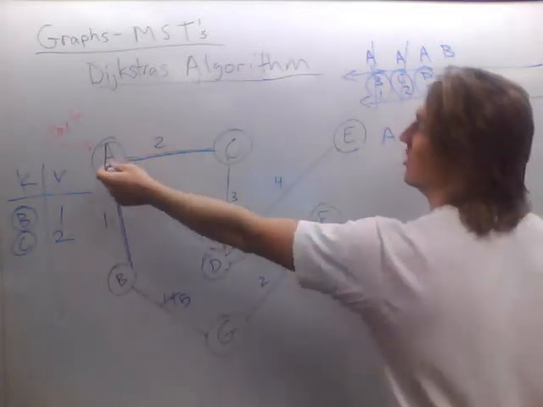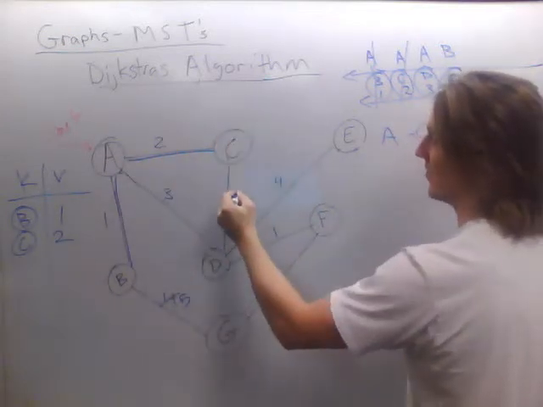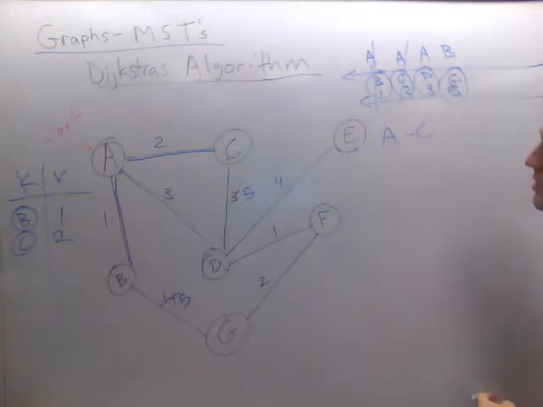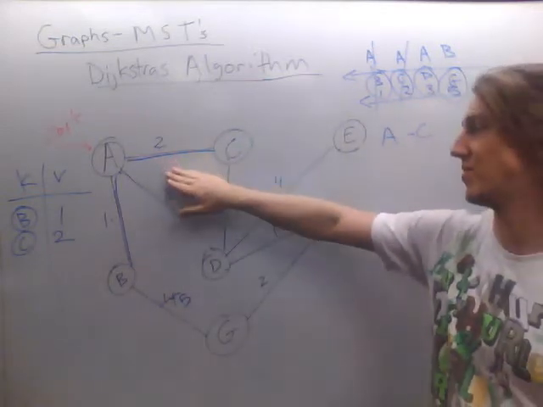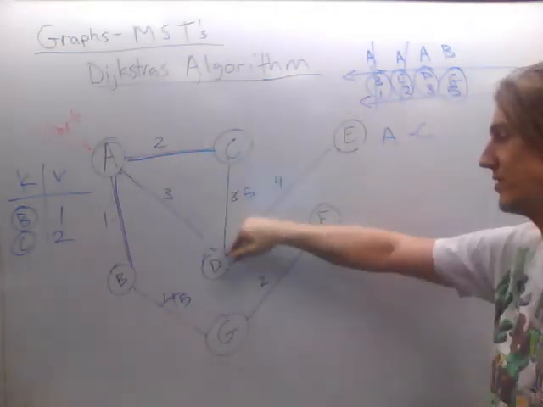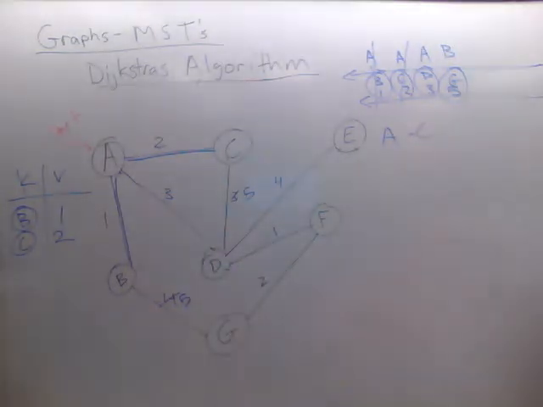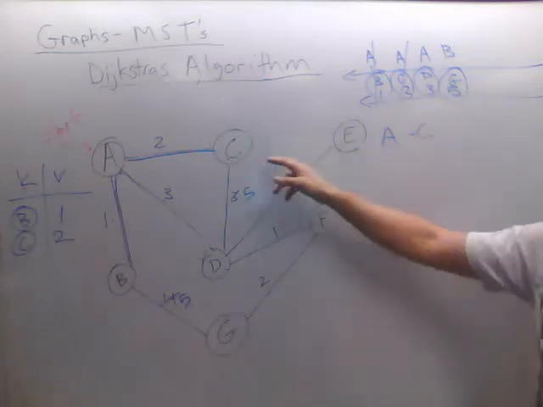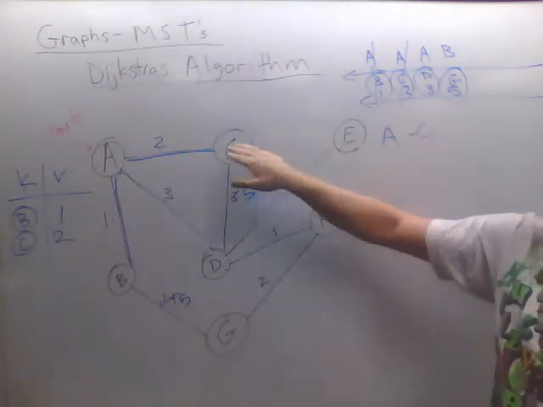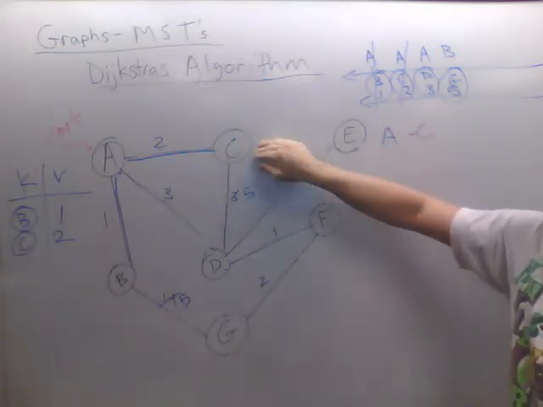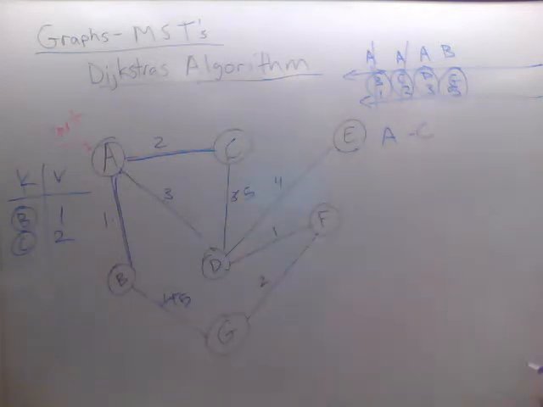This is 2 plus 3, which is 5. That's just saying I'm adding the path to get to C plus the cost it takes to traverse that. So now I have to add all the neighbors of C to my priority queue, and A has already been visited, so I only have to add C to D with cost 5.